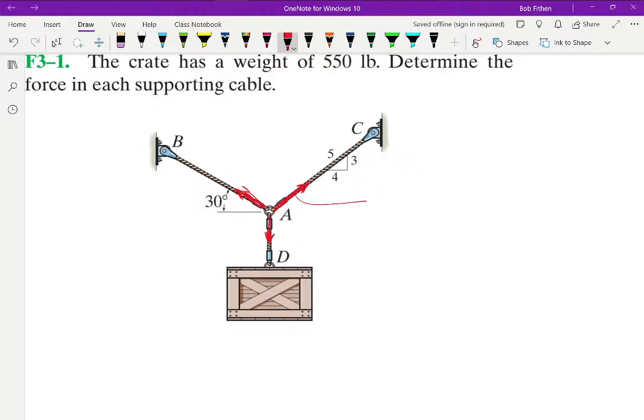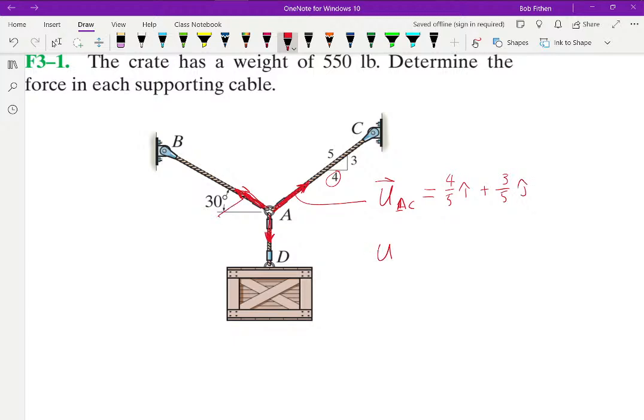Let's call this unit 1 vector. I could call it AC, so maybe I'll do that, is equal to, and it looks like it'll be 4/5 of I plus 3/5 of J.